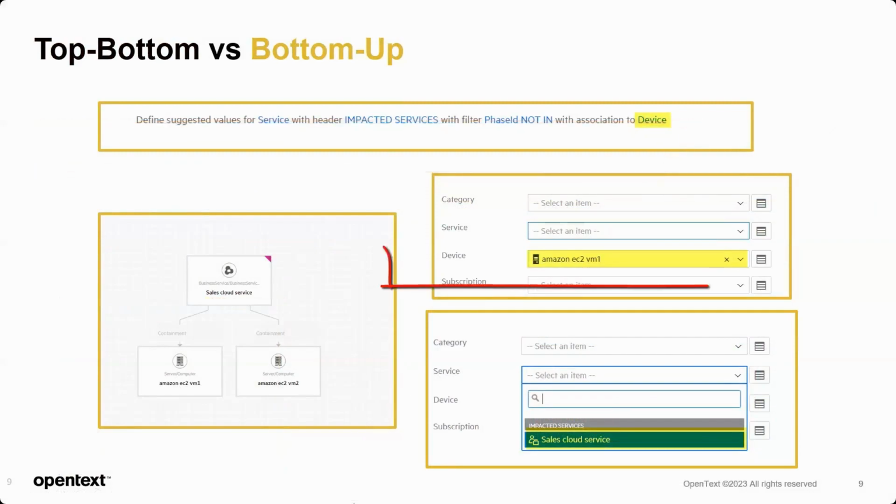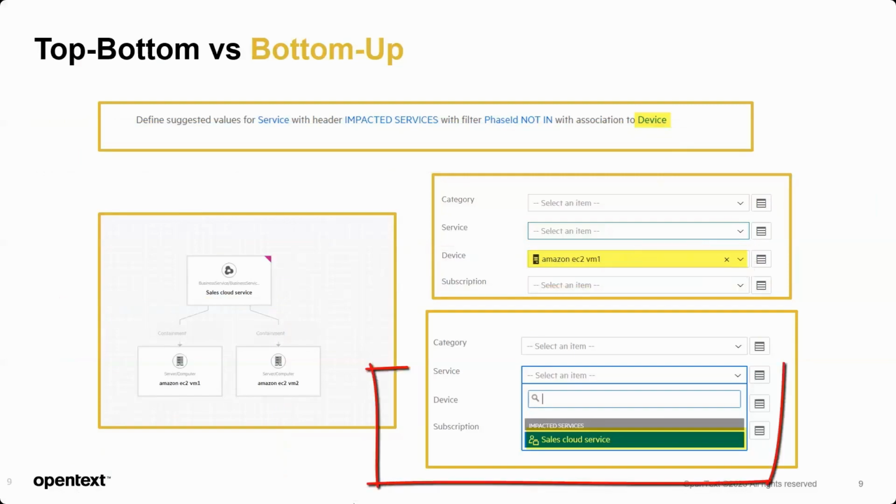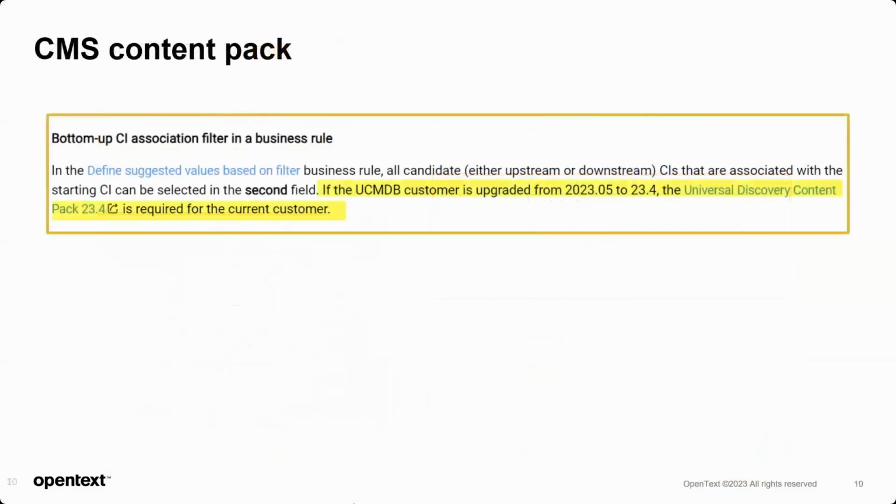After we select the device VM1, you will notice in the service drop-down list, only one service will be displayed. That is the Sales Cloud service, the parent CI of this device.